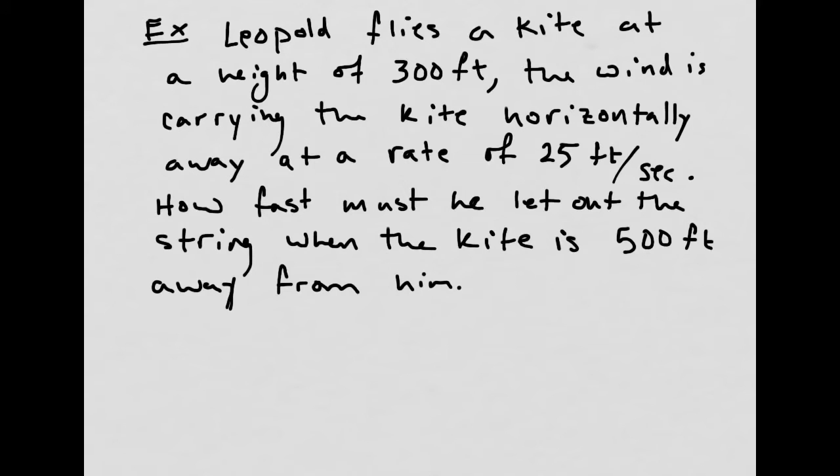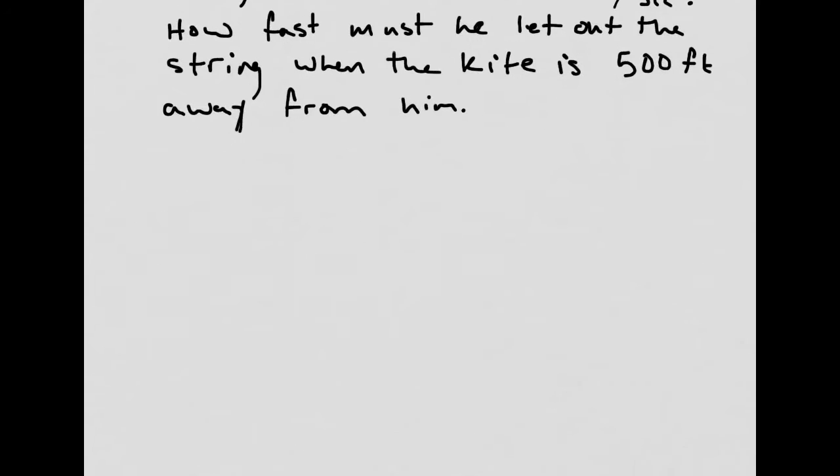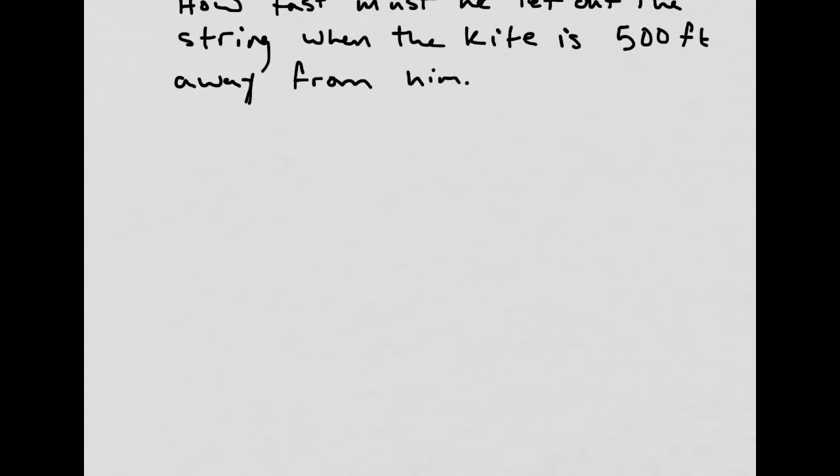Alright, so on this one there's a couple different interpretations, but first I'm going to draw a picture. I have a picture here. So there we go, we have a kite. Now, we know that this is 300 feet up.